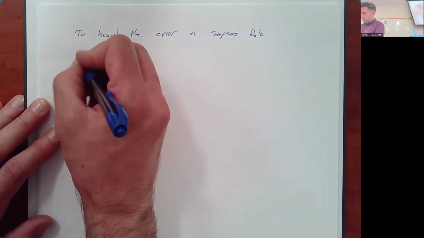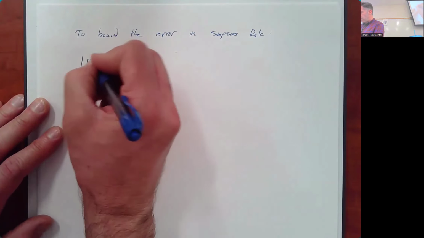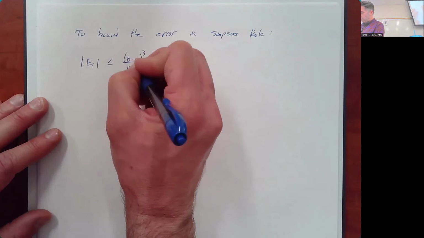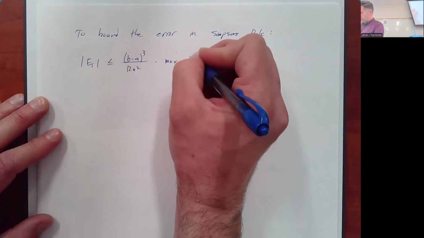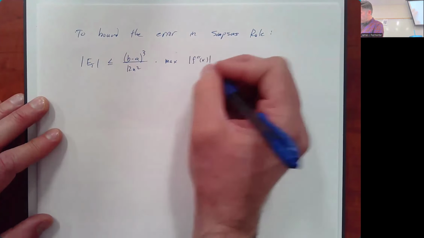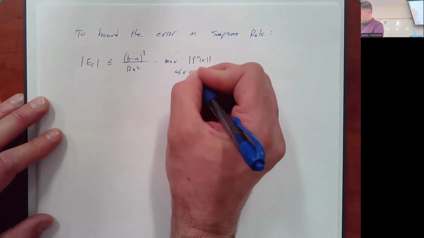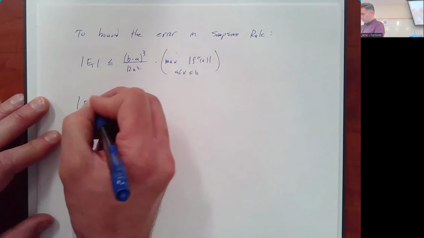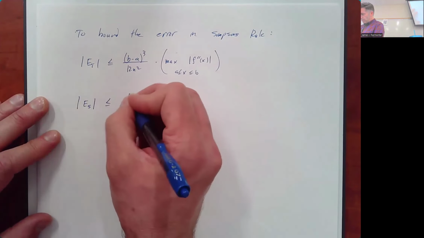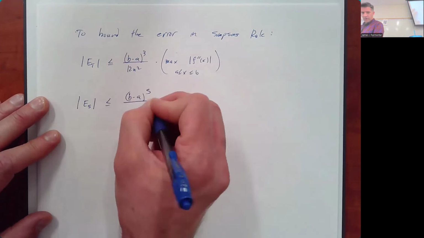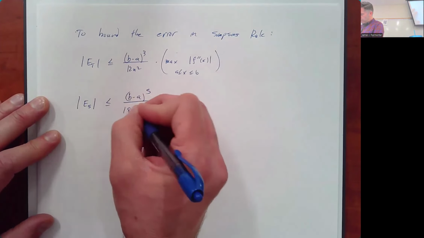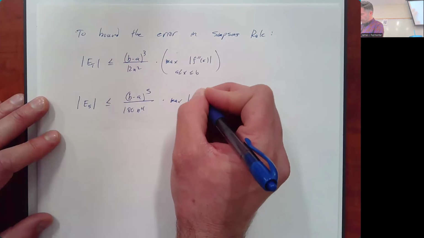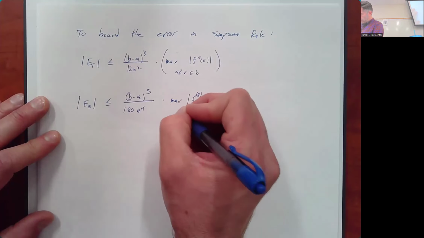Instead of the absolute value of the trapezoid error being less than or equal to b minus a cubed over 12n squared times the maximum of the absolute value of the second derivative of f, where x is between a and b, it's going to be the absolute value of the error using Simpson's rule is less than or equal to b minus a to the 5th over 180n to the 4th times the maximum of the absolute value of the 4th derivative of f, where x is still between a and b.